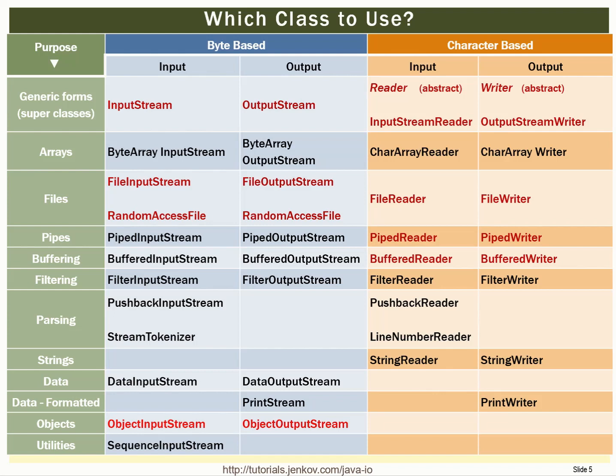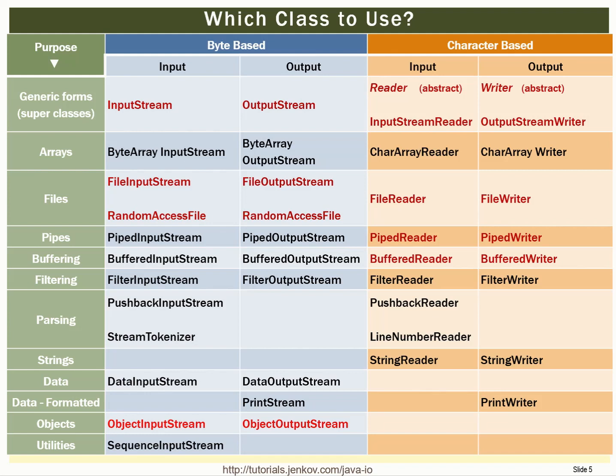So it would not be character-based. If you had an HTML file, that HTML file would be character-based. If you had a Java source program, the source code is also character-based. But the bytecode from Java is byte-based.